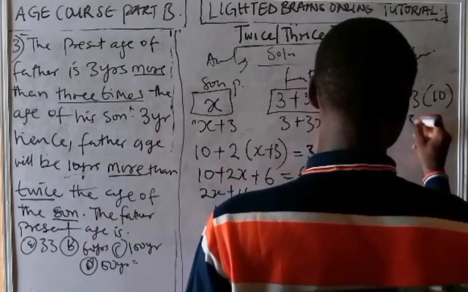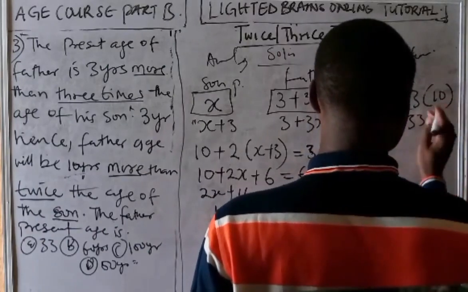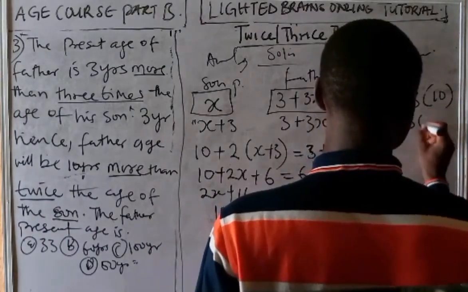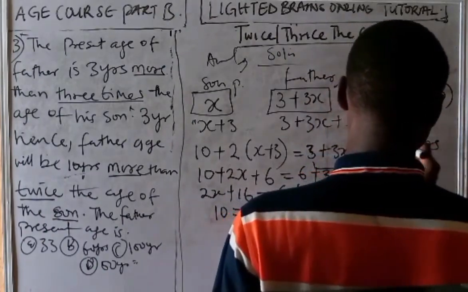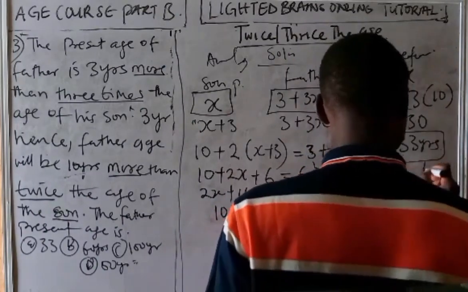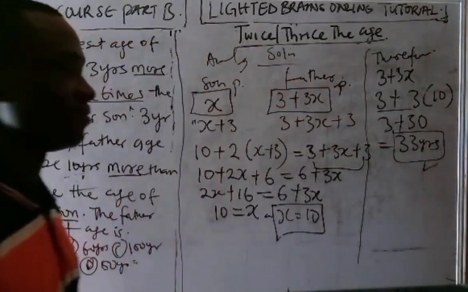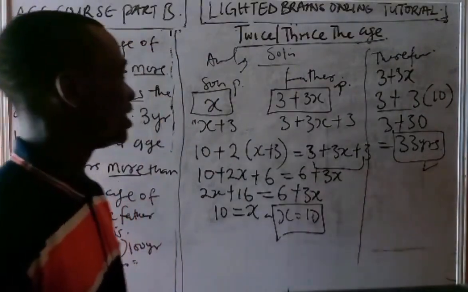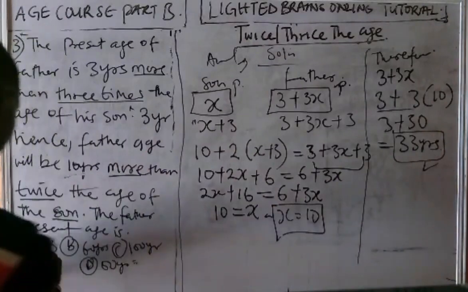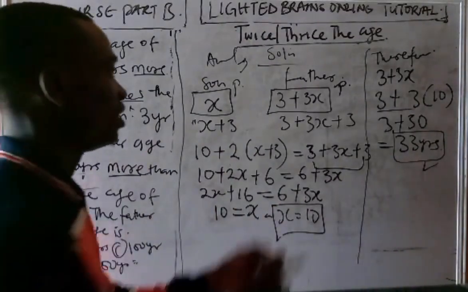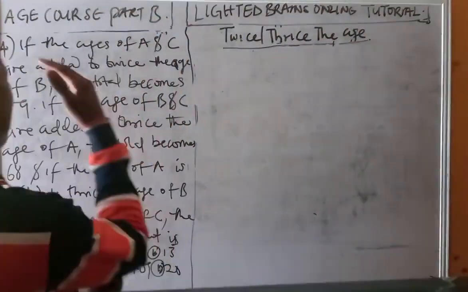So 3 plus 30 gives us 33 years. The answer is 33 years. Alright guys, so this is question 4.